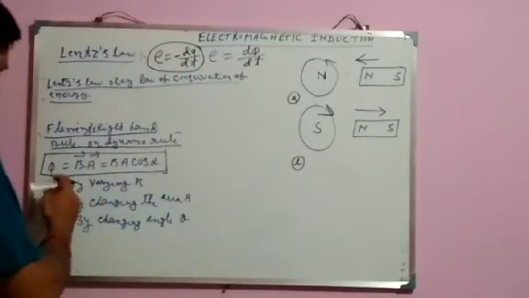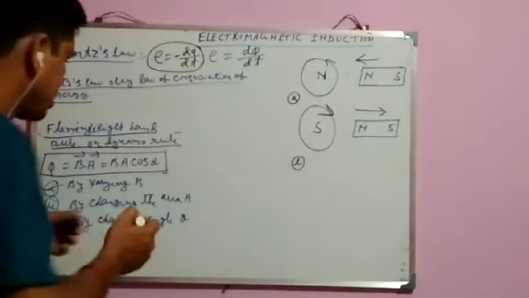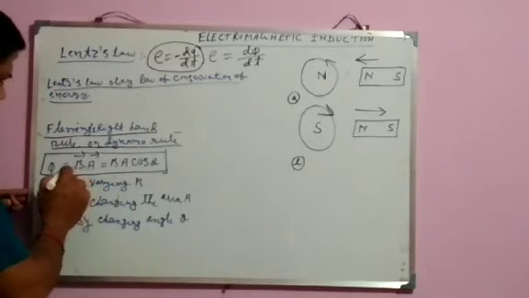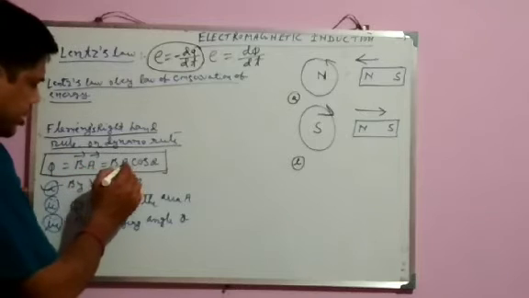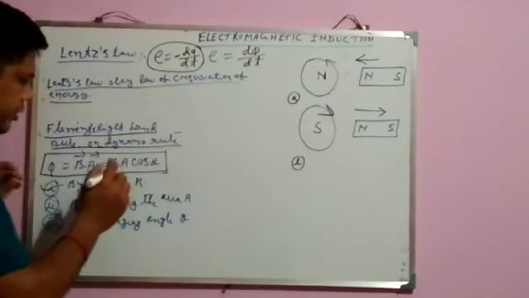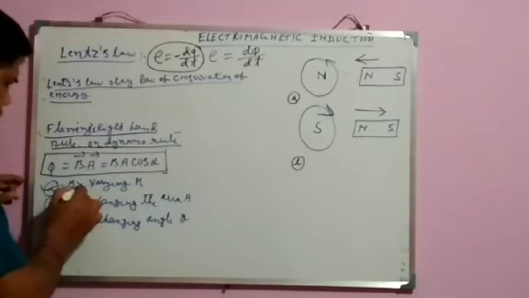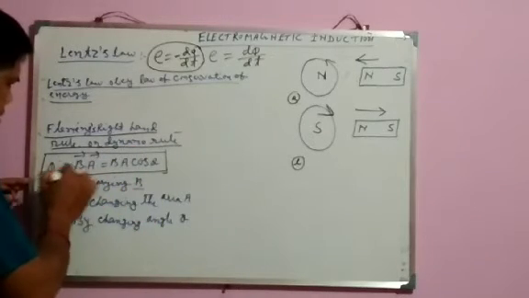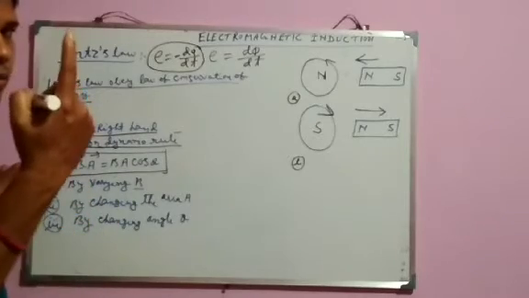You have to memorize this formula, and from this formula, we can see how to change φ, the magnetic flux. If A and θ are fixed, then by varying B only, the magnetic field strength, we can vary the magnetic flux. So this is one process.